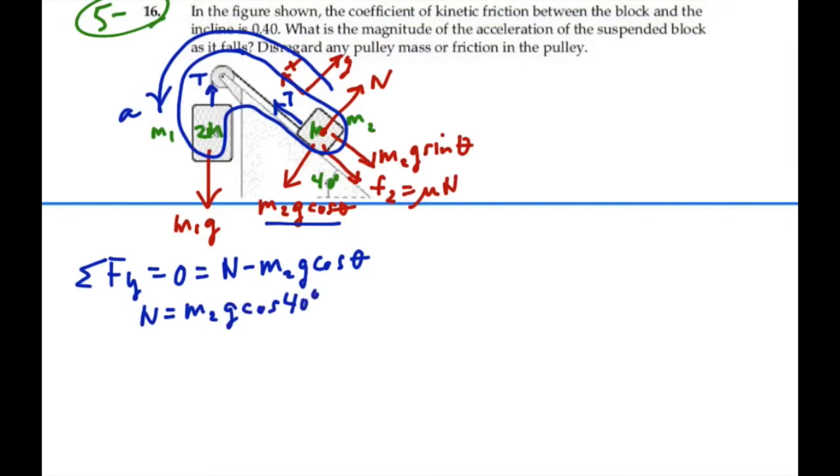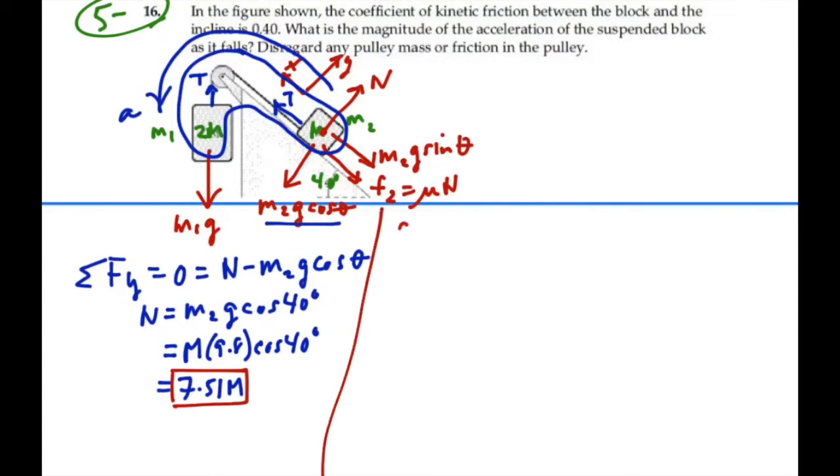Since m2 is just m, this is m times 9.8 times the cosine of 40 degrees. So what is that? 9.8 times cosine of 40 is 7.51, so 7.51 m. We wish we knew what m was, but we weren't given that. So that's our normal force.